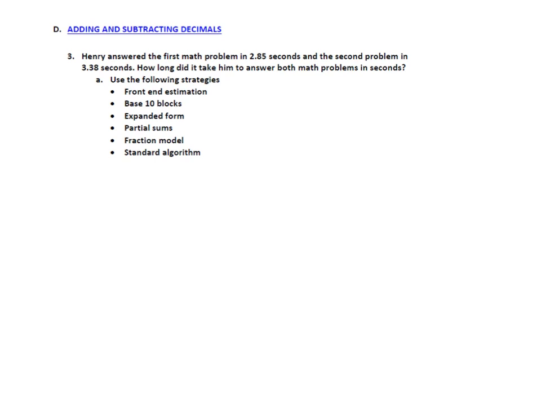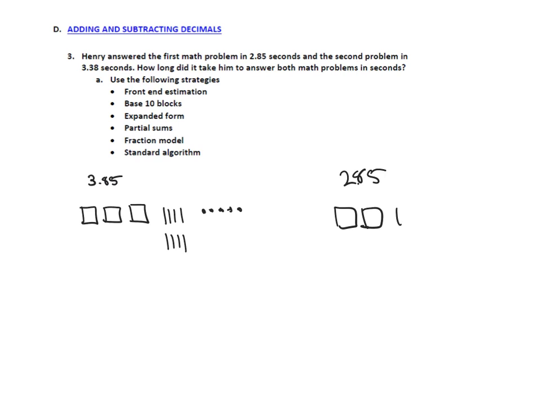If I want to use the base 10 blocks, then I want to model 3 and 85 hundredths. So that's 3 flats, 8 longs, 5 ones. 2 and 85 hundredths would be 2 flats, 8 longs, and 5 hundredths.